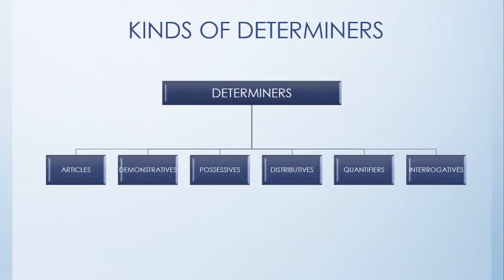My, his, your, her, etc. are possessives. Either, neither, each, every are distributives. Some, any, little, a little, the little, few, a few, the few, etc. are quantifiers. And interrogatives are WH words, that is, which, what, whose, etc.